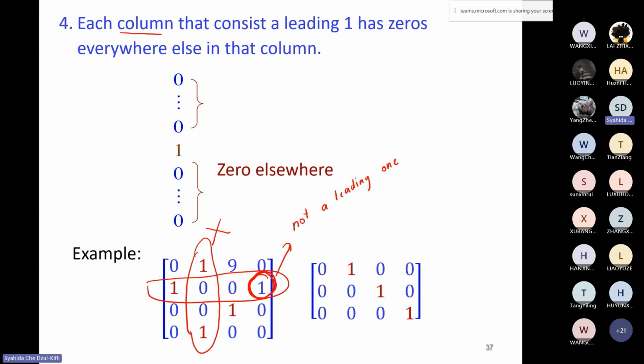And in this matrix, the red one is the leading one, and it is obvious that every other element in the row is zero. So this satisfies property 4.